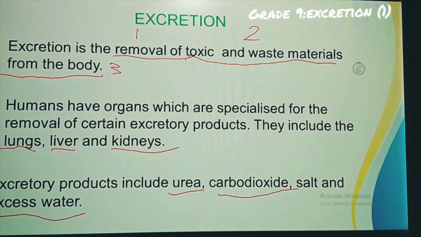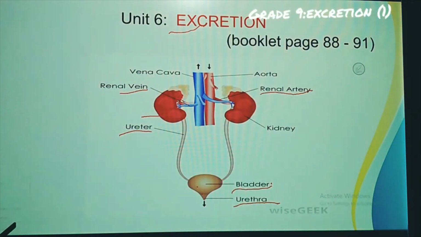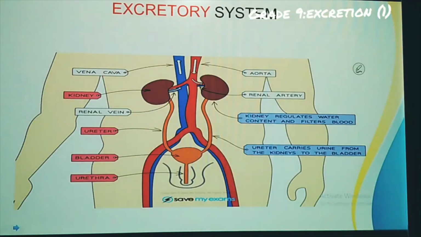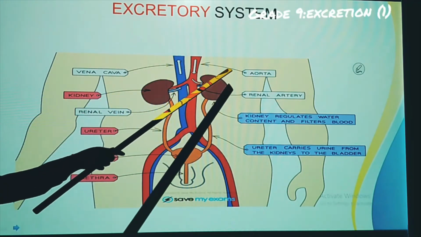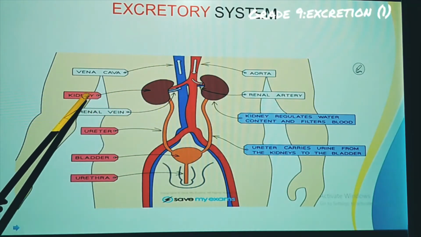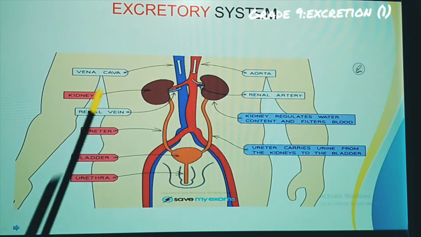Okay, so let's look at the excretory system. This is what the excretory system looks like. We already discussed that. This is the vena cava, the aorta, the kidneys. These are the 2 kidneys.